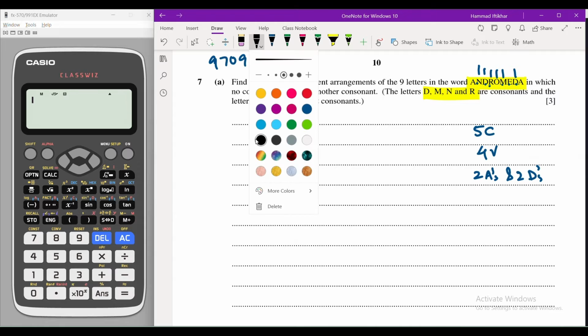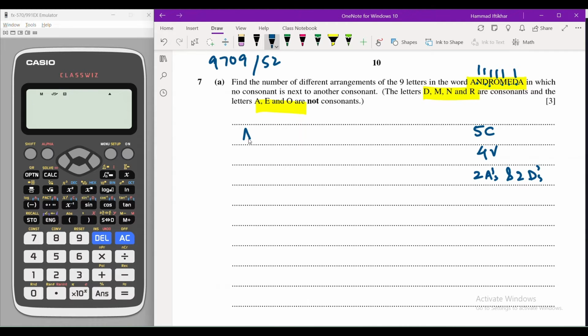So we have the arrangement A, N, D, R, O, M, E, D, A. Now we need to arrange them in a way that no consonant is next to another.